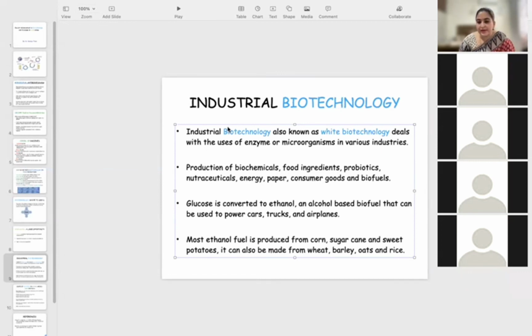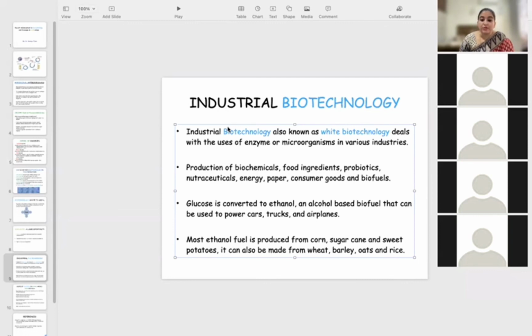Probiotics you have seen, and you must be aware of them also. They are one of the industrial biotechnology products. So in this, glucose is converted to ethanol. This is a fermentation reaction, and an alcohol-based biofuel that can be used to power trucks, cars and airplanes can be created. So this way we can save our non-renewable fossil fuels. Instead of petroleum and all, we can use biofuels.